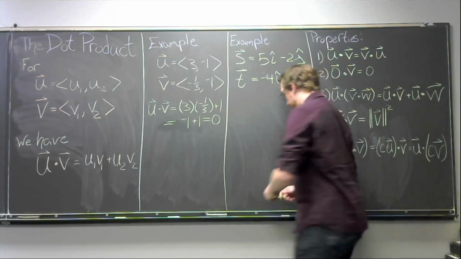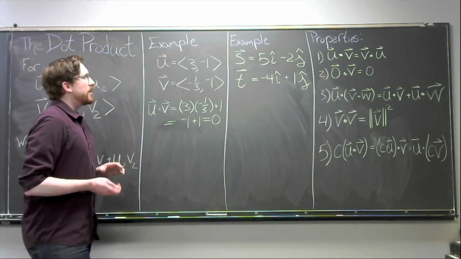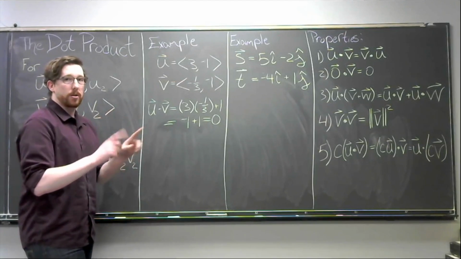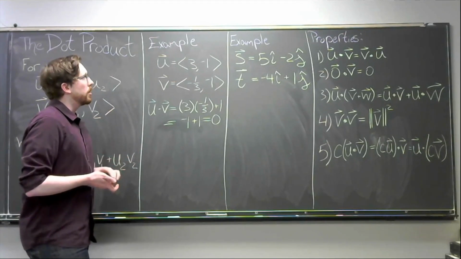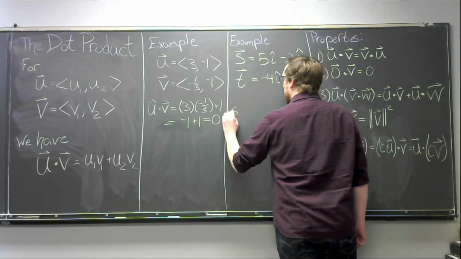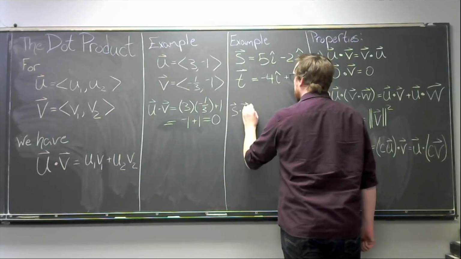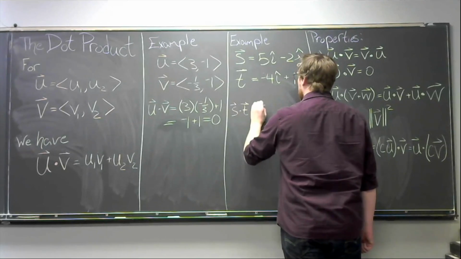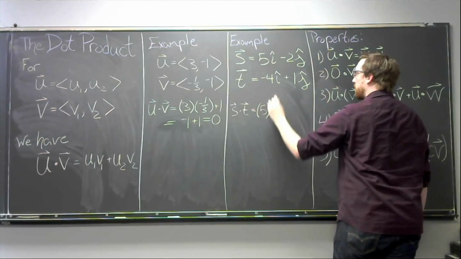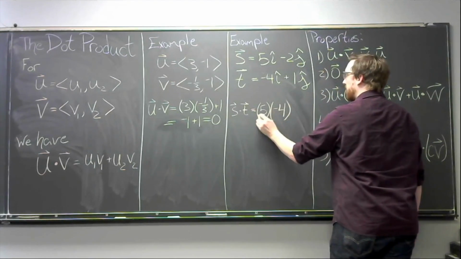As another example, we've got these two vectors s and t. We want to take the dot product of the two of them. So, s dot t is equal to the component in the x direction times the component in the x direction. That's 5 times negative 4.